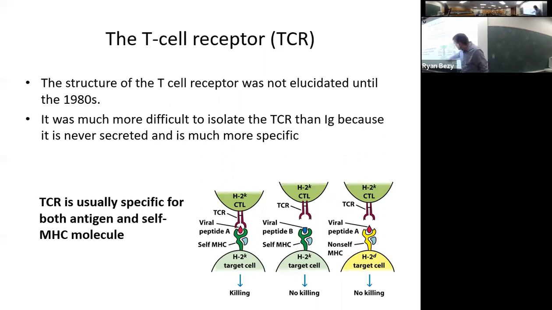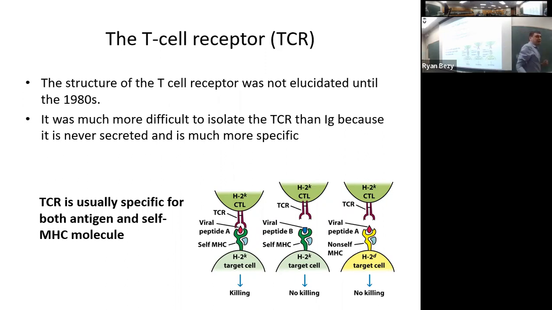So a lot of times you have a target cell or antigen presenting cell, MHC, T cell receptor, and all the signaling complex sandwiched between two cells. If it's hard to study a membrane-bound protein, it's even harder to study two membrane-bound proteins sandwiched between two cells. It's never secreted, which made it harder to study.